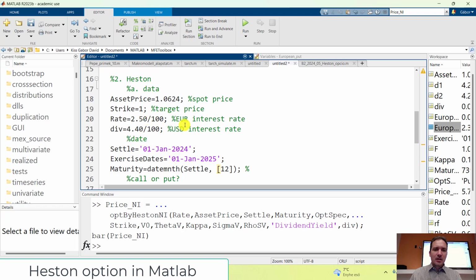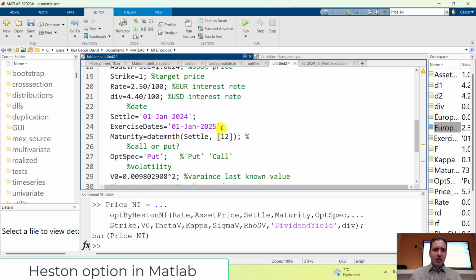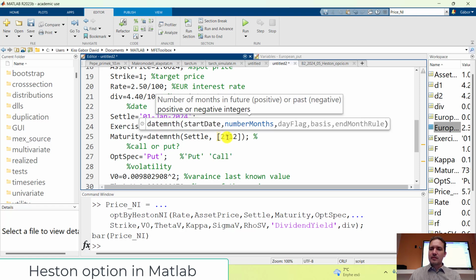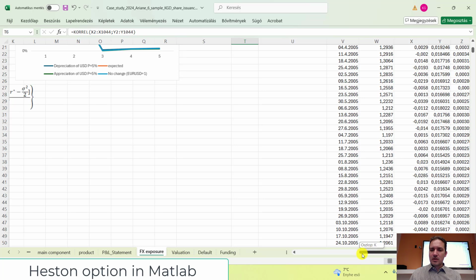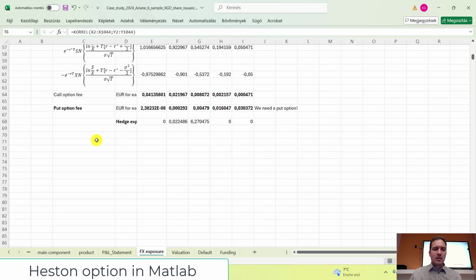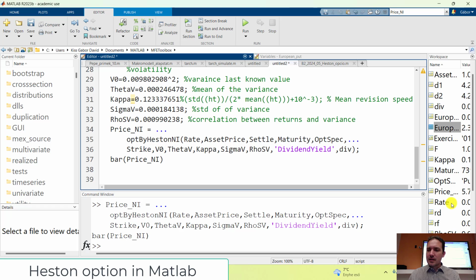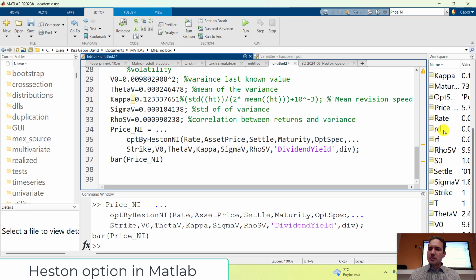So how should we do this? So I should change the numbers here. And also here as well. Okay, so Heston put option price.